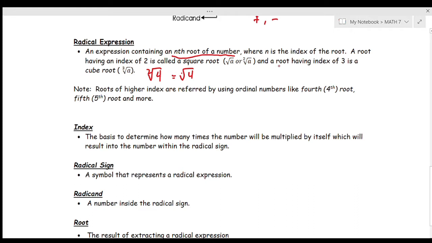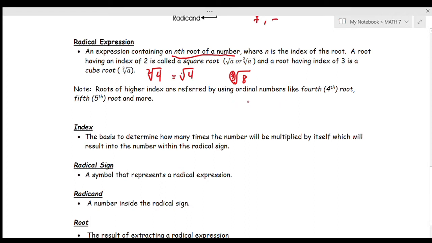And also, we have a root having the index of 3. That is called a cube root. If we have the cube root of 8, etong 3 is called an index. Also, if we're going to deal with roots of a higher index, it is also referred to by using ordinal numbers like 4th root, 5th root, and so forth.